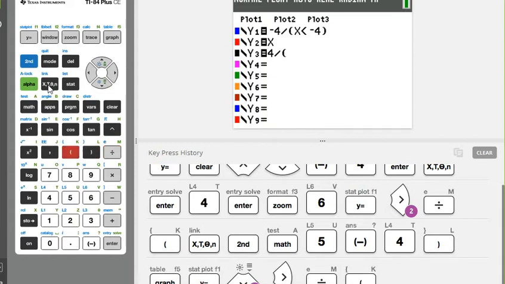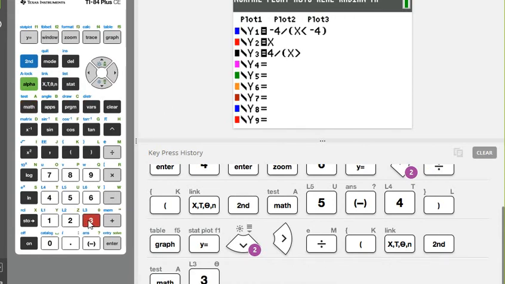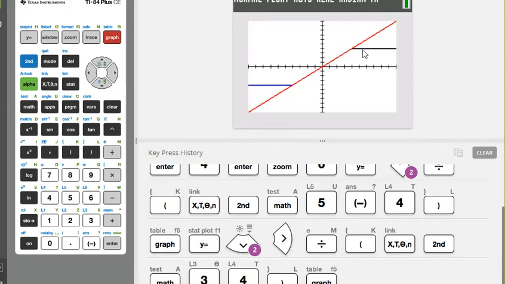This time I want x to be greater than 4. So once again, you're going to press the second key, then the math key. This time I'm going to choose the third option, greater than, and then 4, like that, and then hit the graph key. Notice what it did. It chopped off all this other stuff here, right?